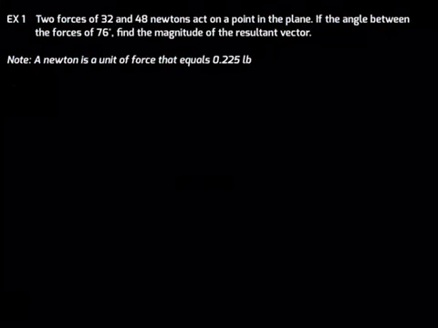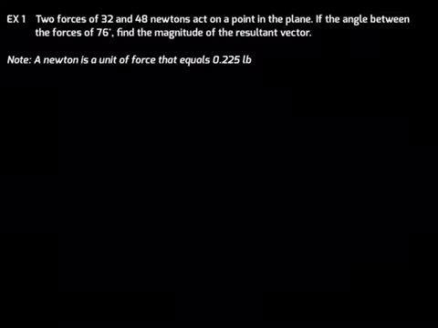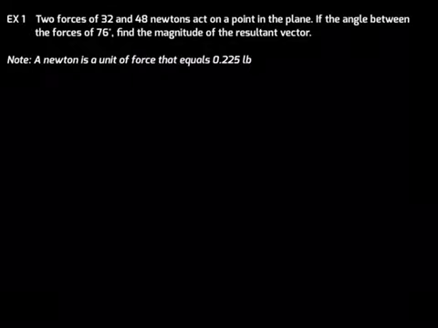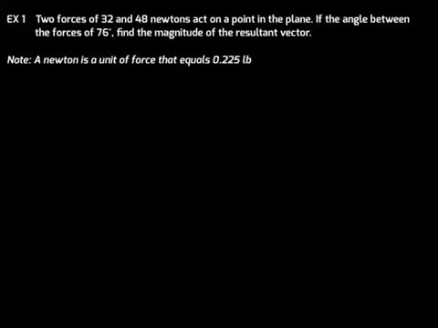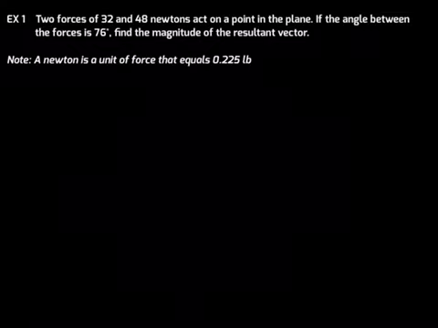All right, look at our first problem. Two forces of 32 and 48 newtons act on a point in the plane. If the angle between the forces is 76 degrees, find the magnitude of the resultant vector. Okay?